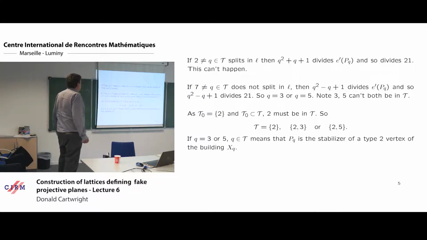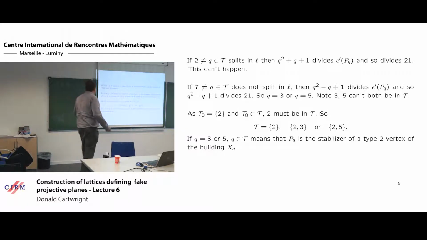And so 3 and 5 can be in T. They can't both be there because that would mean both 7 times 21 divides 21. It's no good. So the possibilities for T are that it could be just T_0, could be just 2, or you could add 3 or you could add 5. So these are the 3 possibilities for T.